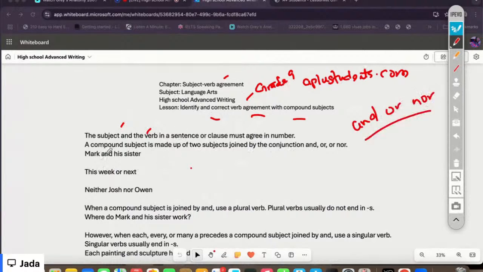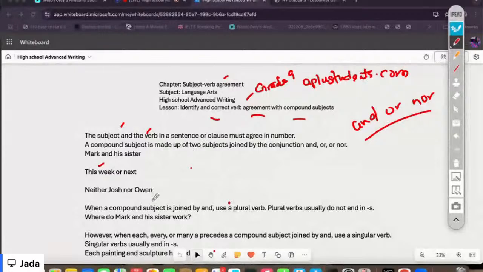So for example, we have Mark and his sister, this week or next, neither Josh nor Owen. When a compound subject is joined by and, you need to use a plural verb. So this is where we have the agreement. That's why it says that the subject and the verb must have an agreement.